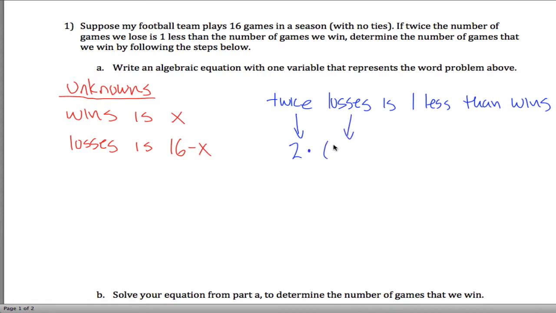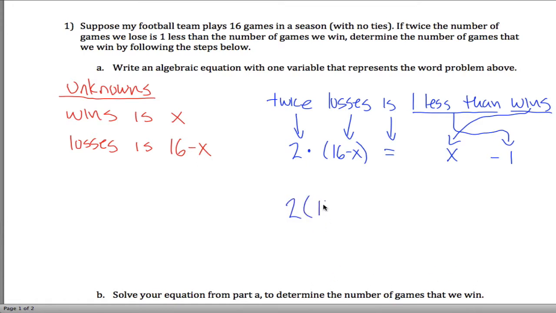Losses, we said, is 16 minus x. Is means equals. 1 less than, be careful there. That means something minus 1. What do I want to subtract 1 from? Wins, which I'm calling x. So what I get is that 2 times (16 minus x) is equal to x minus 1.